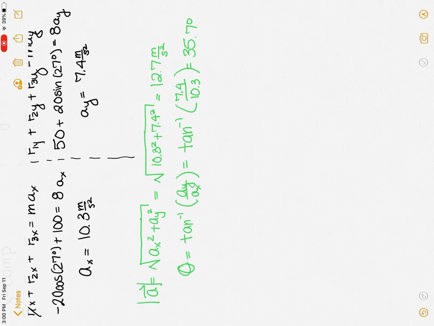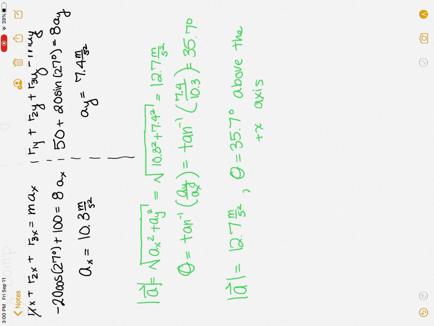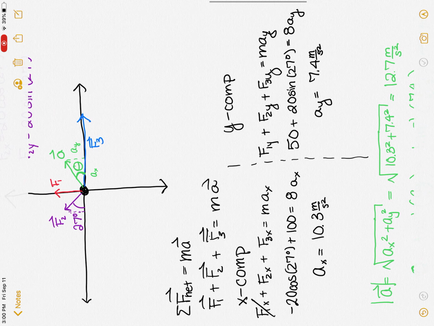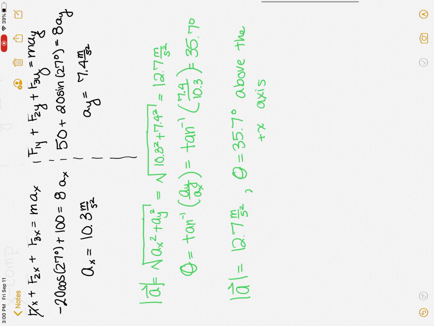So whenever I talk about it in terms of magnitude, it's going to be 12.7 meters per second squared, and then theta is equal to 35.7 degrees above the positive x-axis based on this drawing up here.